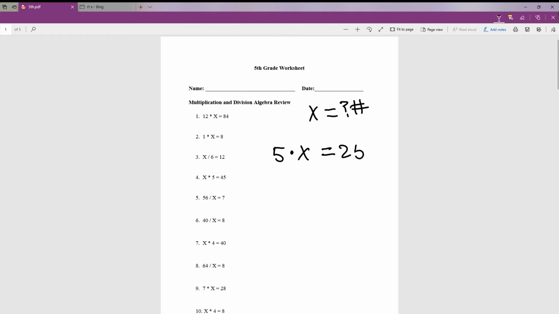What you would do here is divide this entire side by 5 and this entire side by 5. So you would solve this out, and 5 cancels out with 5, you get 1 and 1. So you get x is equal to 5. And that's how you would solve that.